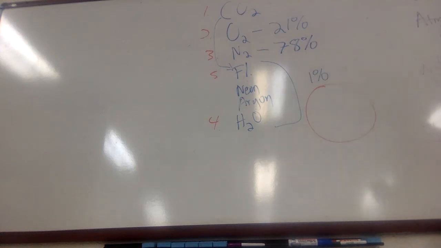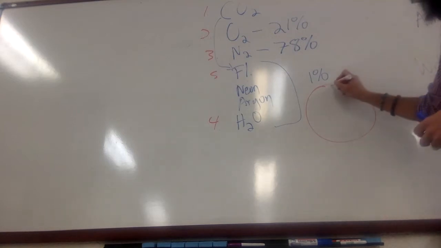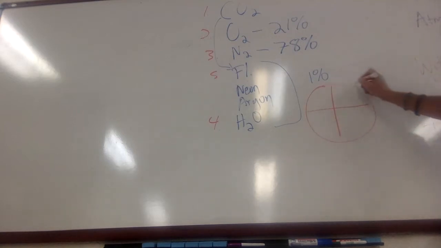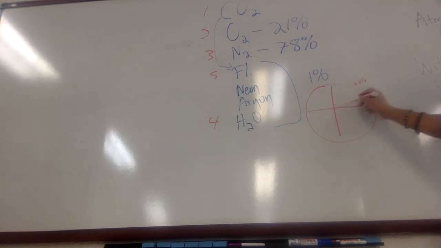Other ideas? How could I do this? How did you know where to put the lines? You got from 75 a little bit more. That's a great way to do it. If you split it into 4, these are all 25%, so you can do a little bit less than that.